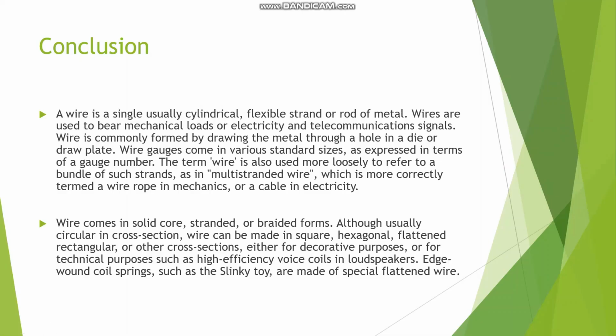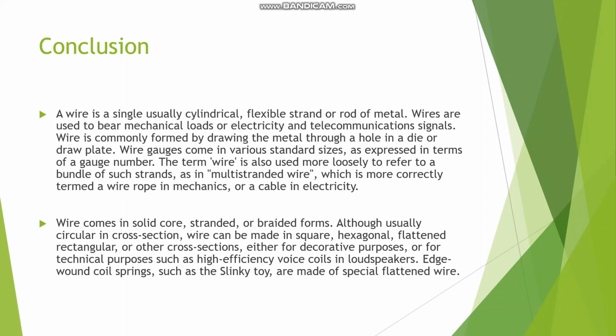Okay, so I will present the conclusion for this topic. The conclusion is that wire is a single, usually cylindrical, flexible strand or rod of metal. Wires are used to bear mechanical loads or electricity and telecommunication signals.